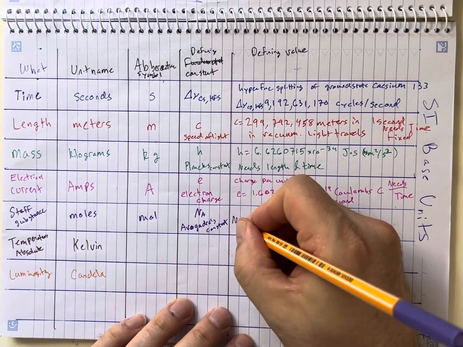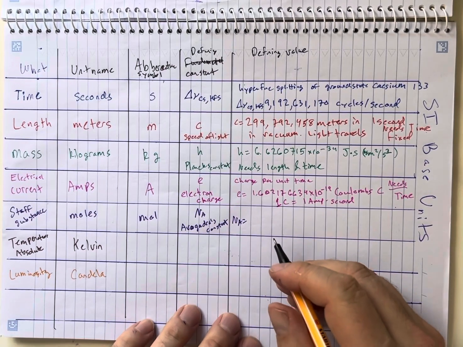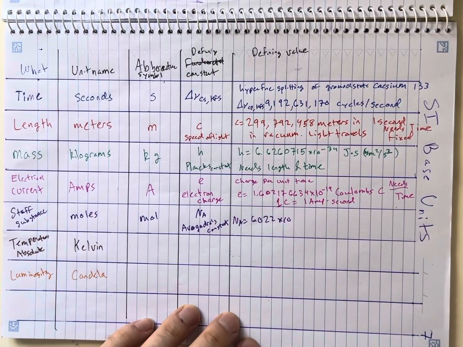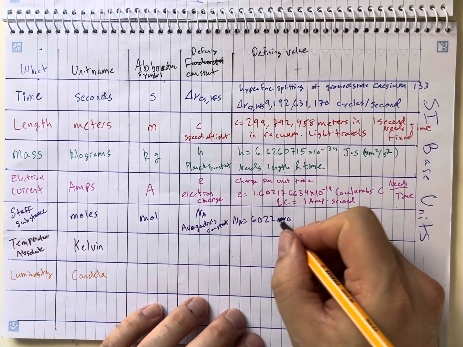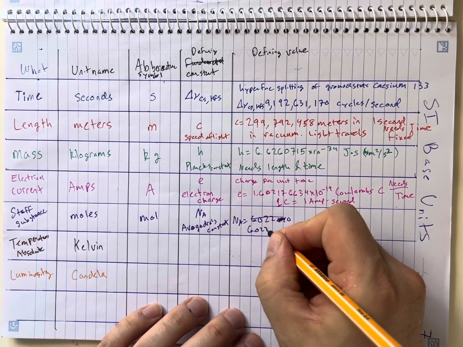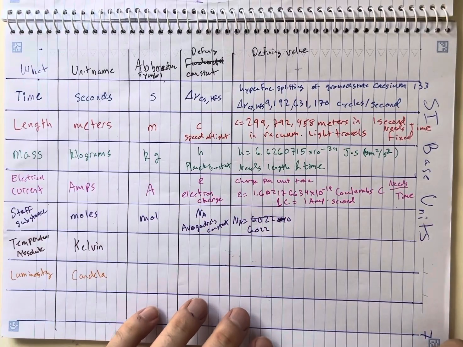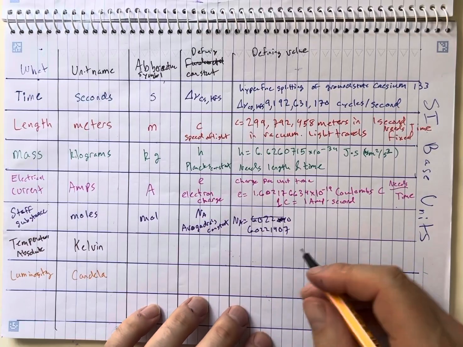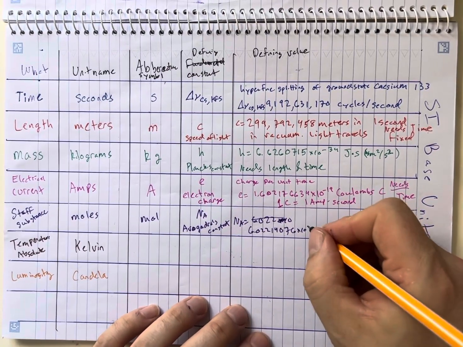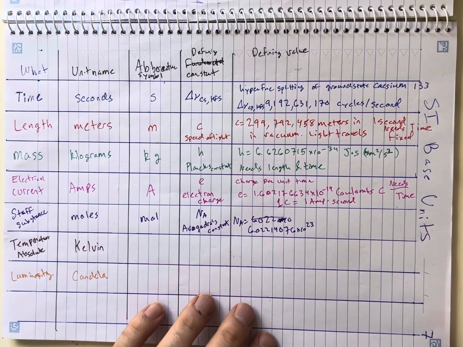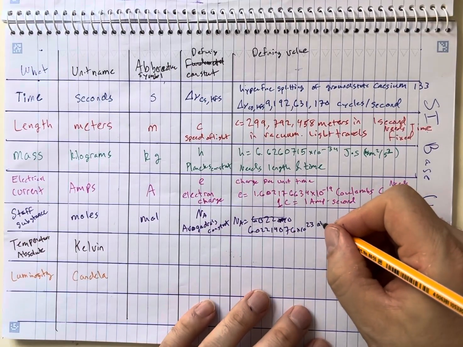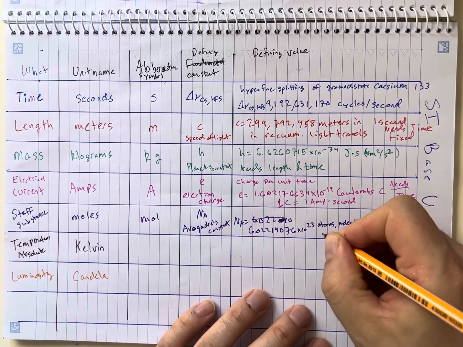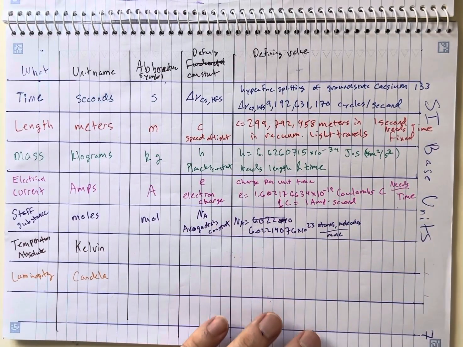So Na is equal to 6.022 140 76 times 10 to the 23rd atoms, molecules, etc. per mole.